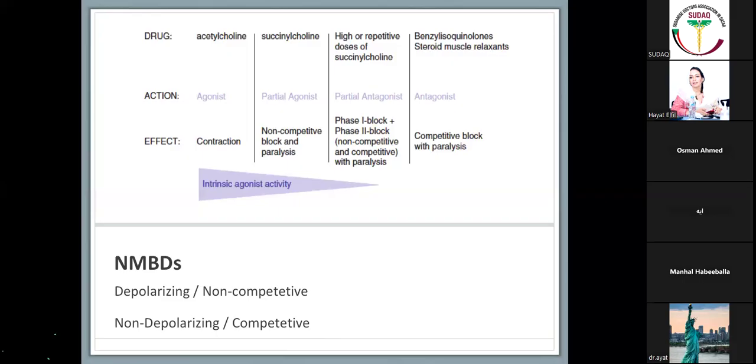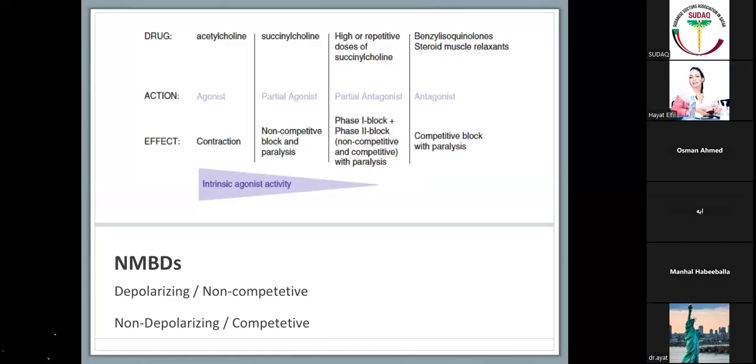So basically, as we said, they block the function of the postsynaptic acetylcholine receptor, as we saw in the previous diagram. They have, as we said, at least one quaternary amine group. They might have two, which is the bis-quaternary. And this quaternary amine group is involved in binding the subunit of the nicotinic acetylcholine receptors.